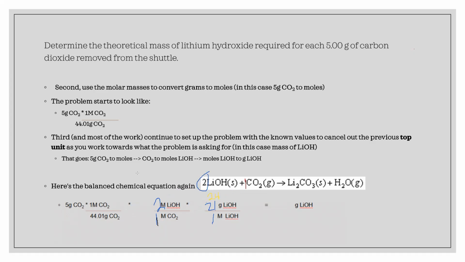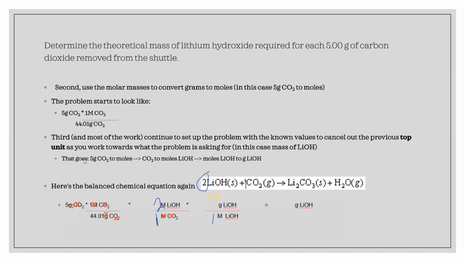So when I cut out the grams, it's going to be moles. At the next step, the moles on the bottom of the fraction cancel out the moles on the top of the fraction. So what I have is moles of lithium hydroxide.